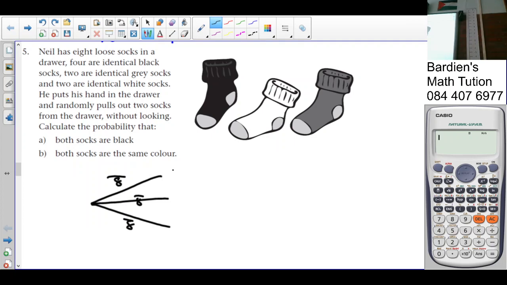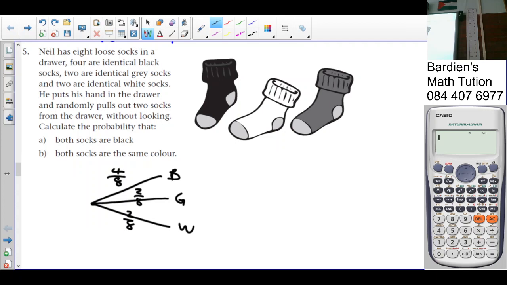4, if it's black, 4 out of 8 is black. 2 out of 8 is grey. And 2 are white. Okay. He puts his hand in a drawer and randomly pulls out 2 socks. So if he pulls out the one, you think he's going to replace the other?